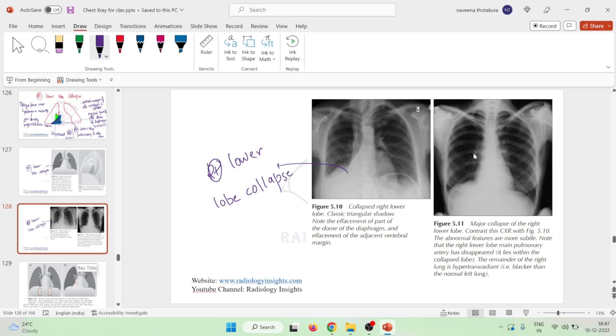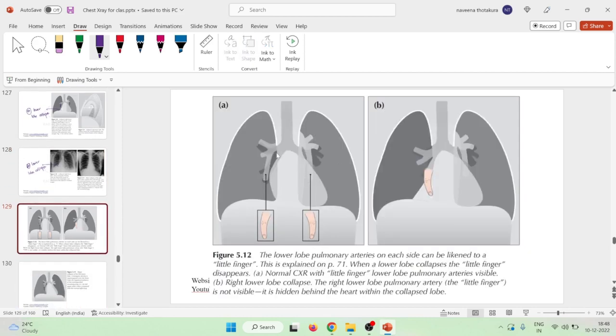One more important thing is the right descending pulmonary artery. Normally, we see the right descending pulmonary artery like little fingers, but here it is not clearly seen. In this normal chest X-ray, you can see the lower lobe pulmonary artery.